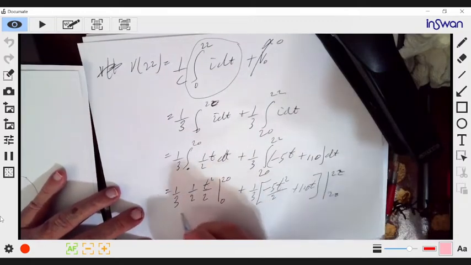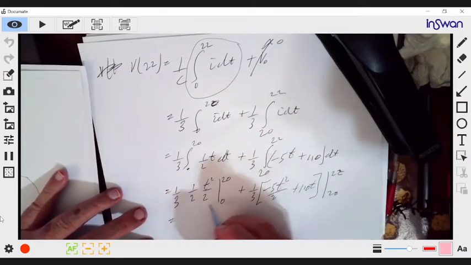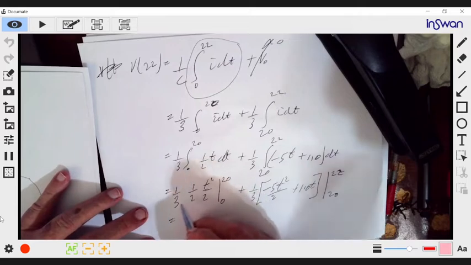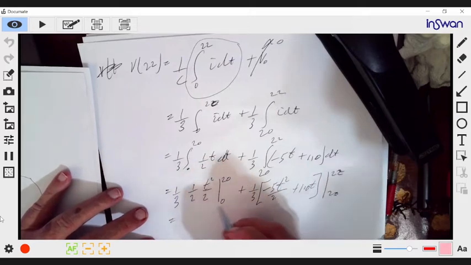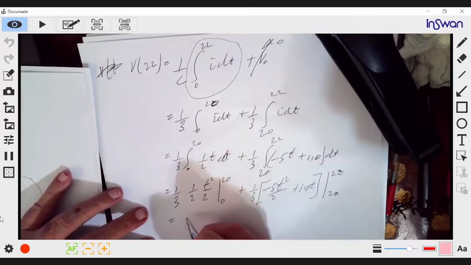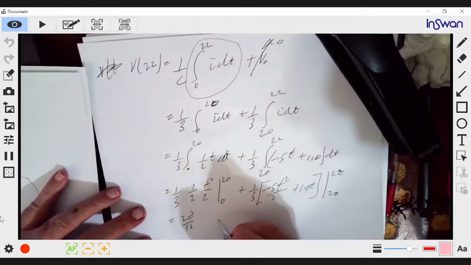Okay. So this here is 20 squared over 12, minus 0.